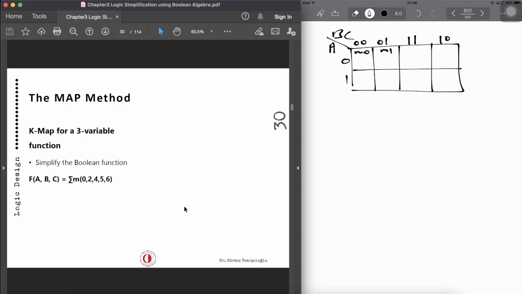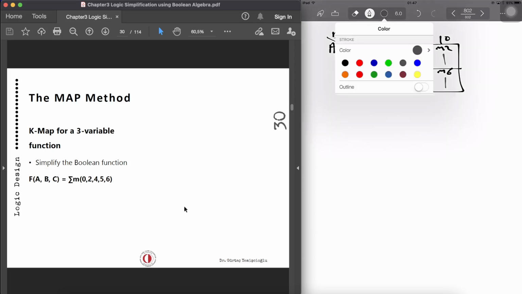Minterms 0, 1, 3, 2, 4, 5, 7, and 6. You have to do practice. Once you start practicing, you will learn how easy it is to put those down. All right, so we have got 0, 2, 4, 5, and 6. Interesting. And the rest are zeros.